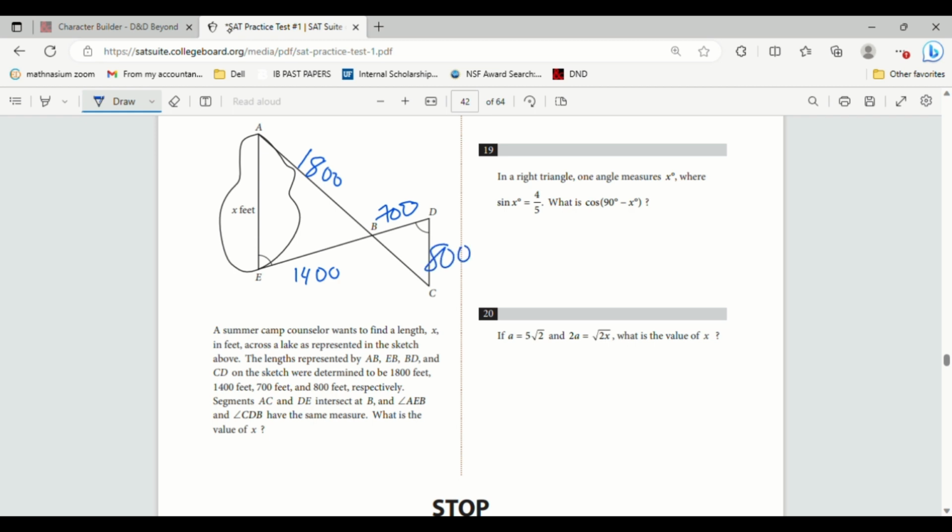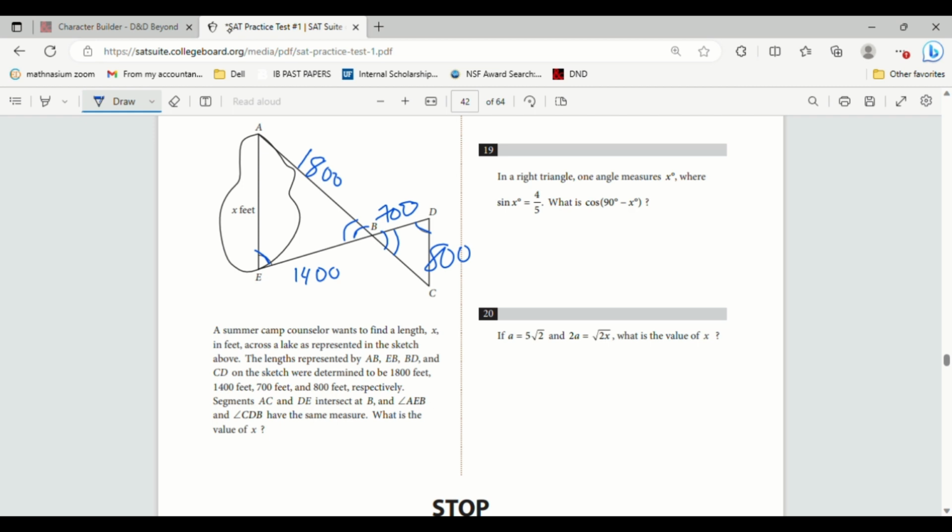And so what we can tell automatically is that angle AEB equals angle CDB, since they told us. But also we can recognize using the vertical angle theorem that these angles are also equivalent because they are vertical angles, since they are opposite of each other, and they're formed by the intersection of two lines.